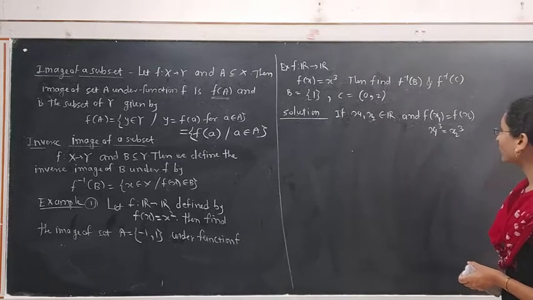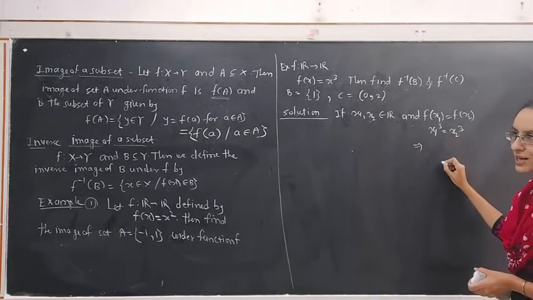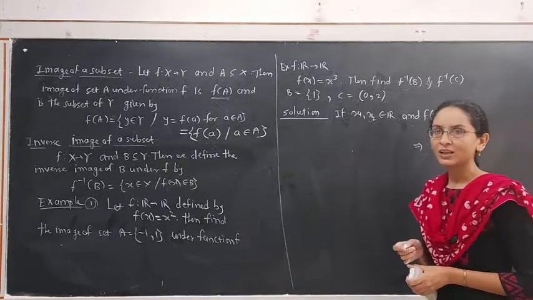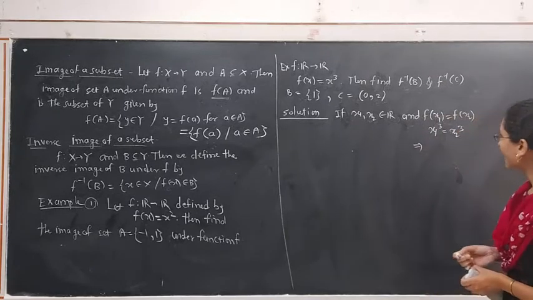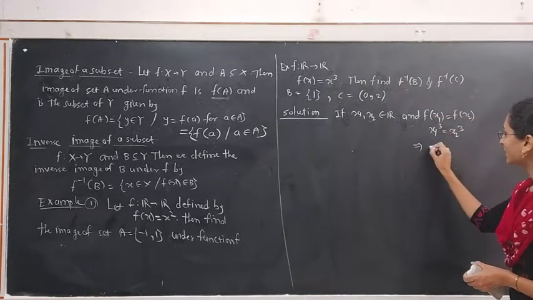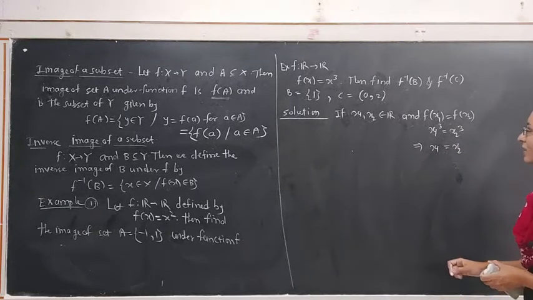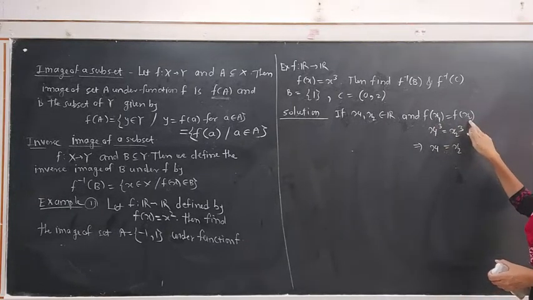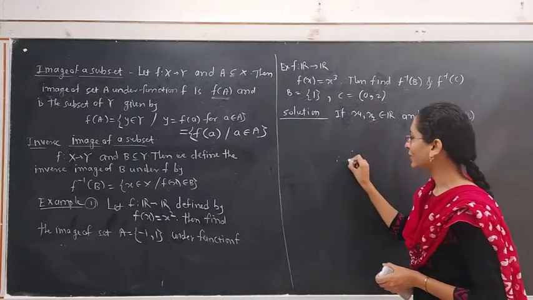Cubes of both elements are equal, hence by taking cube roots of both sides, we know that there is only a single cube root of each real number. Hence x1 equals x2. Therefore, if f of x1 equals f of x2, then x1 equals x2. Hence, the function is one-one.